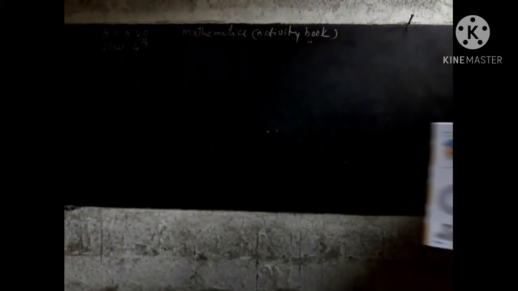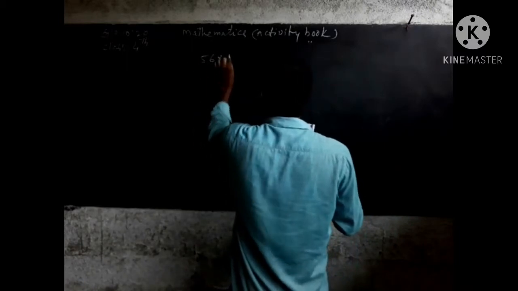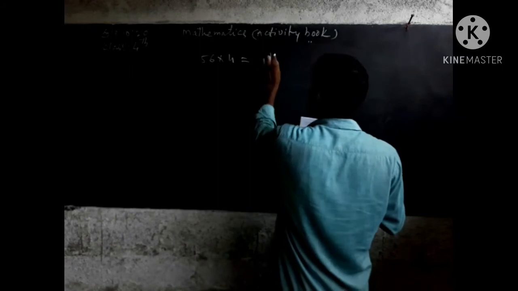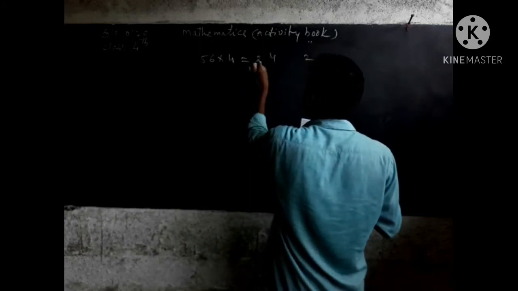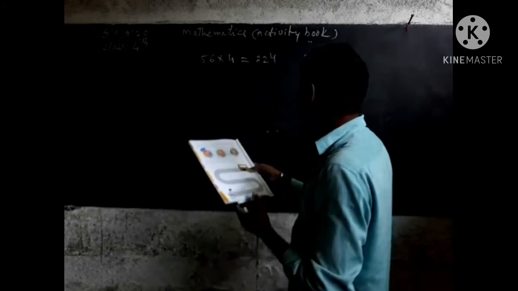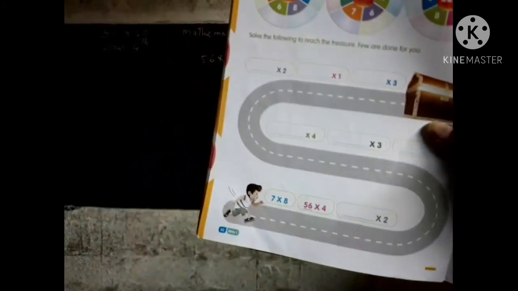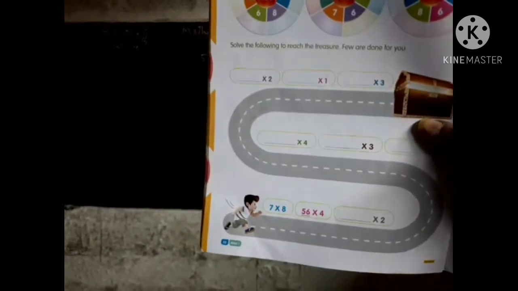See here, 56 into 4, you can get 4 6s are 24, 4 taking, carrying 2, 4 5s are 20, 20 plus 2, 22. 224. See here, 224, beta.